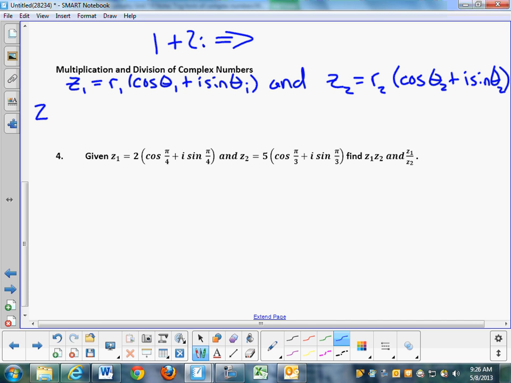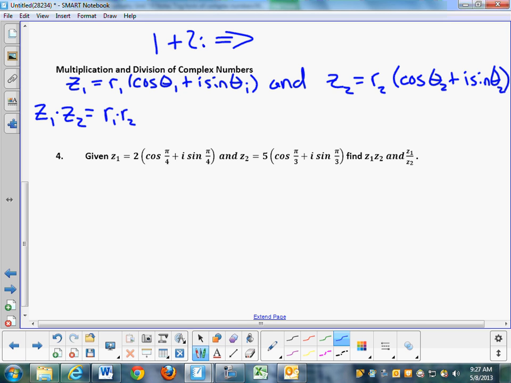If you want to take Z1 times Z2, all you have to do is take the two R values and multiply them together. So you get R1 times R2. You just take the two radius values and multiply them.